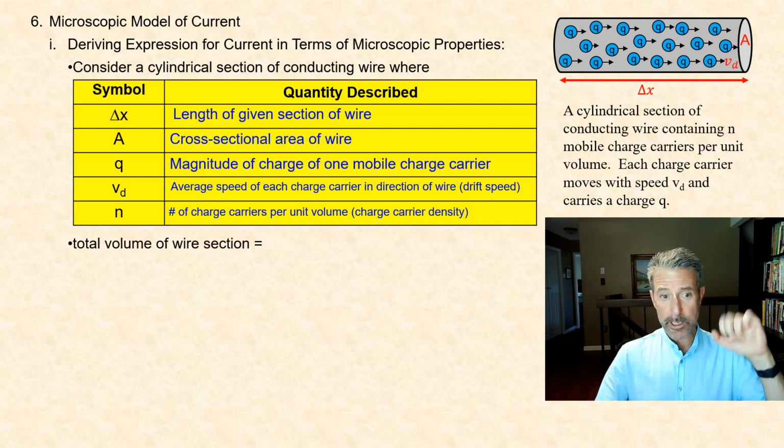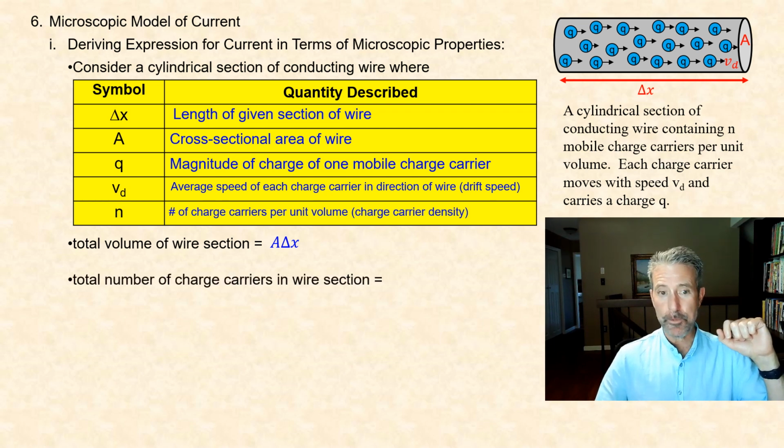So we will start our derivation by figuring out what the total volume of our wire cross section is. You can see, using some very simple geometry, that for a right circular cylinder, taking the cross-sectional area of the cylinder and multiplying by the length of the cylinder, in this case A times delta x, we get an expression for the total volume.